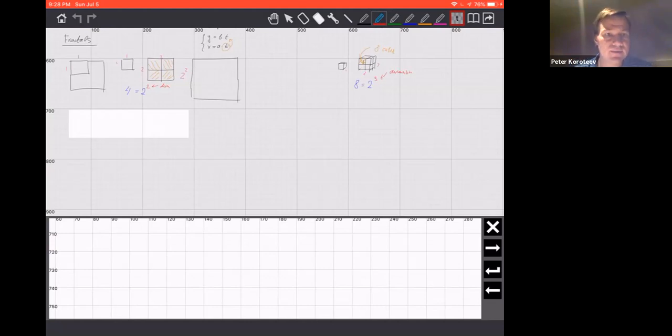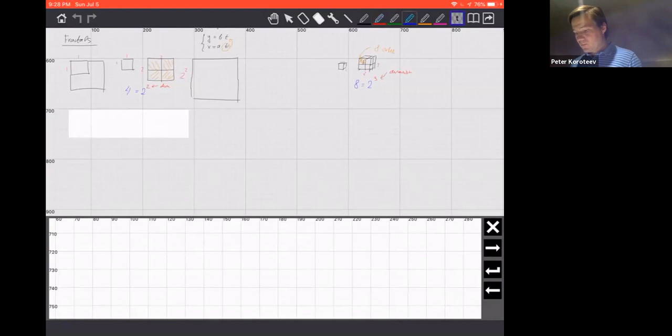And now let's talk about the definition of the dimension which we will use in this class. Namely, we should think of the number of parameters that describe the set of points.